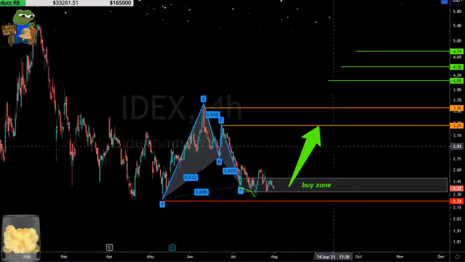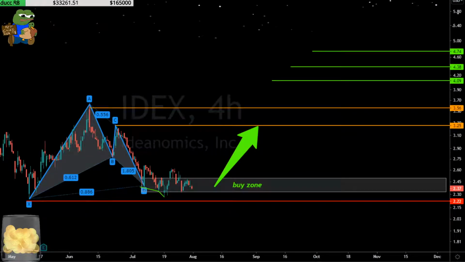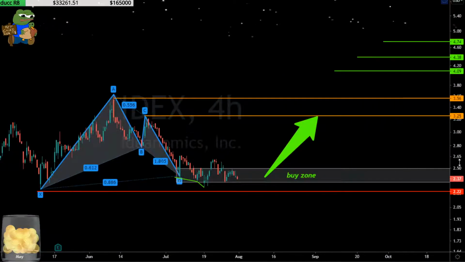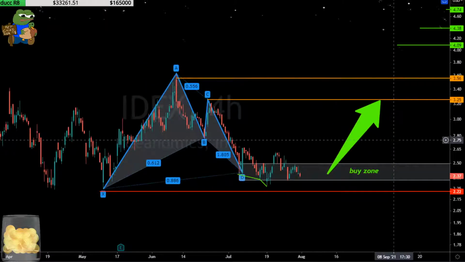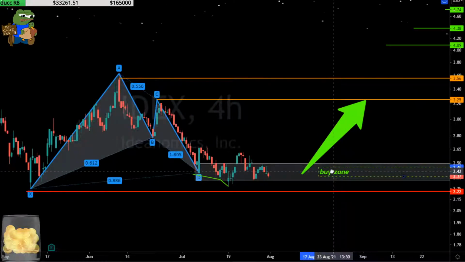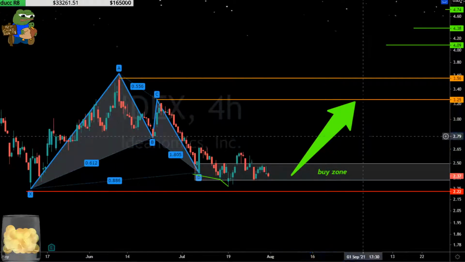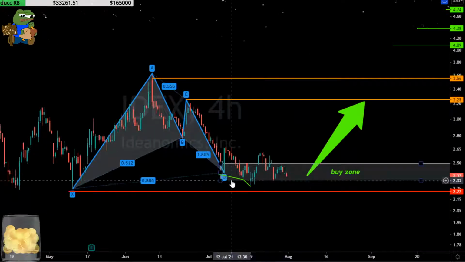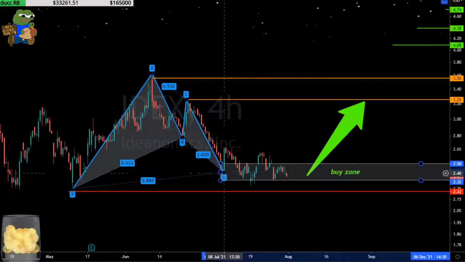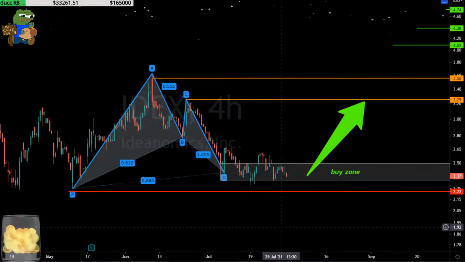Okay, next we have Idex, ducconomics, Idex. This sucker is just hanging out in the buy zone, just giving you opportunities to enrich yourself if you're so willing to oblige.